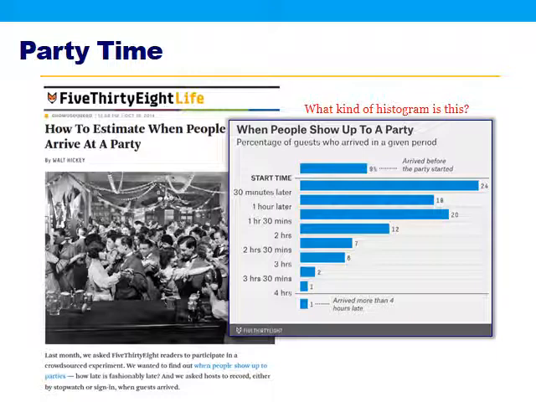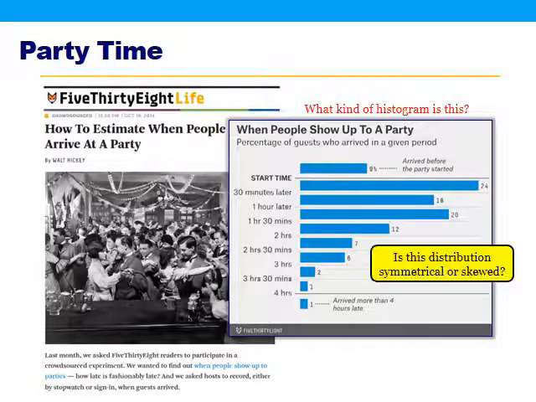There's some people that show up really late. 1% of people would show up more than 4 hours late. So if the party started at 9, they're not getting there until 1 a.m. On the other side of the distribution, there's a subset of people, 9%, that actually said they'd arrive early, before the party was supposed to start.